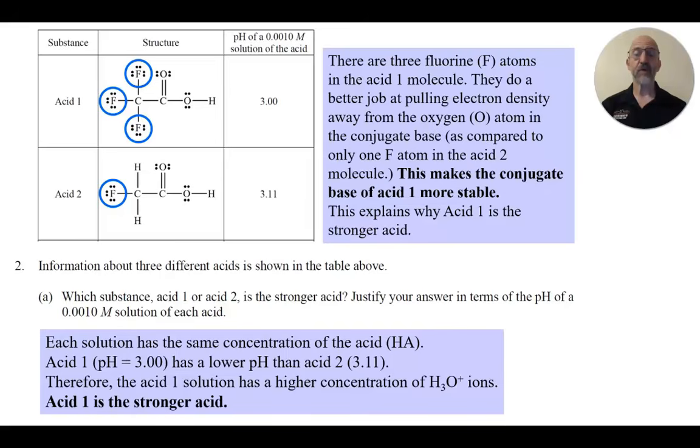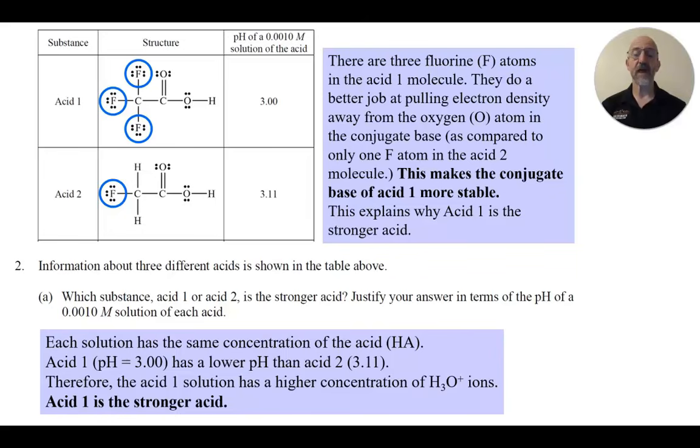The 3 fluorine atoms in the acid 1 molecule do a better job at pulling electron density away from the oxygen atom in the conjugate base, as compared to only 1 fluorine atom in the acid 2 molecule. So this makes the conjugate base of acid 1 more stable, and this explains why acid 1 is the stronger acid.